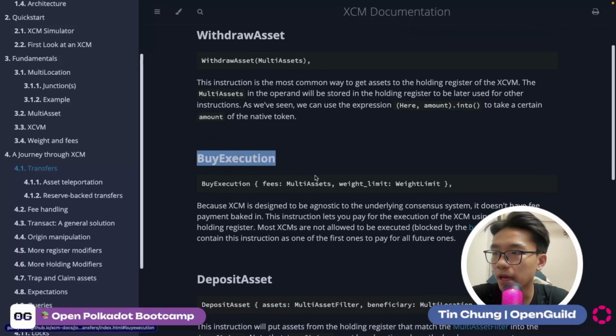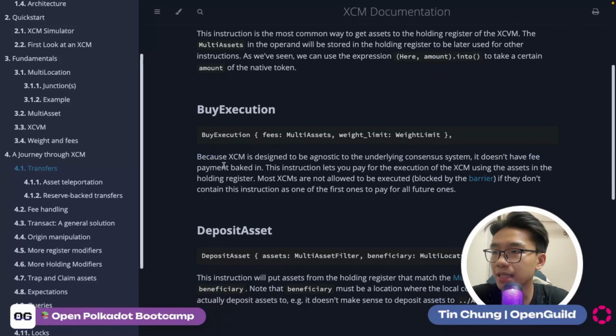The second one would be BuyExecution. The BuyExecution instruction is responsible for requesting more execution power by paying the fee. Because XCM is designed to be agnostic to the underlying consensus system, like Ethereum or Polkadot, which have two different fee models, this instruction lets you pay for the execution of the XCM using the asset in the holding register.